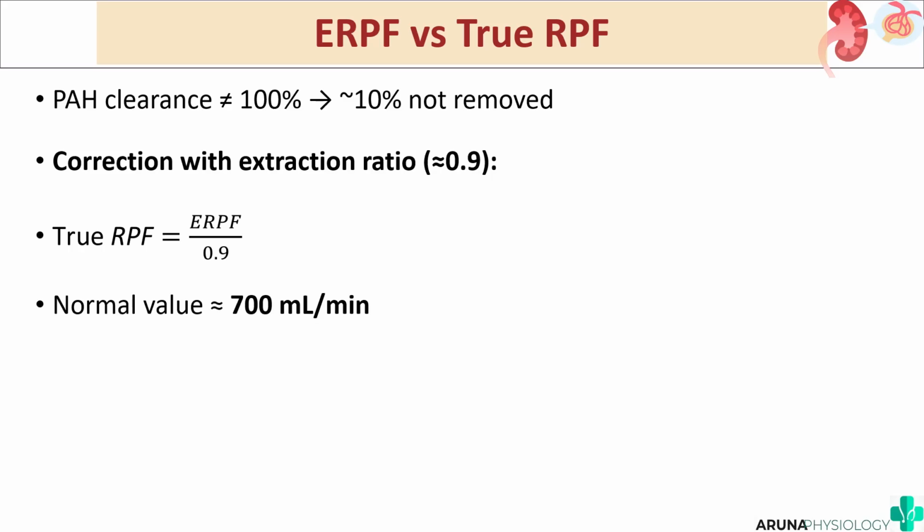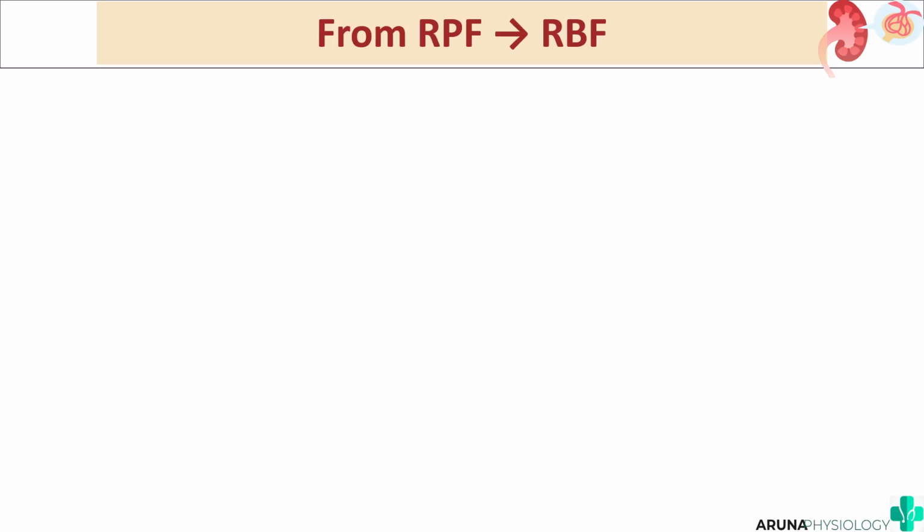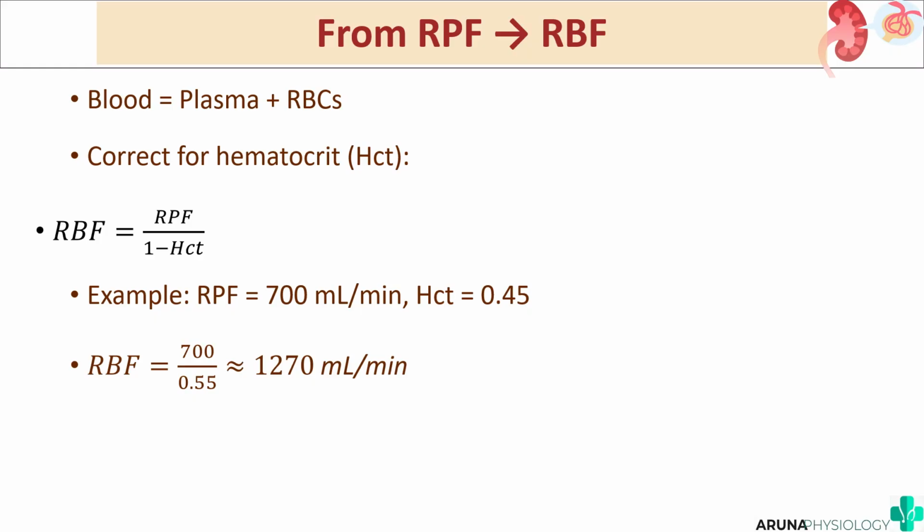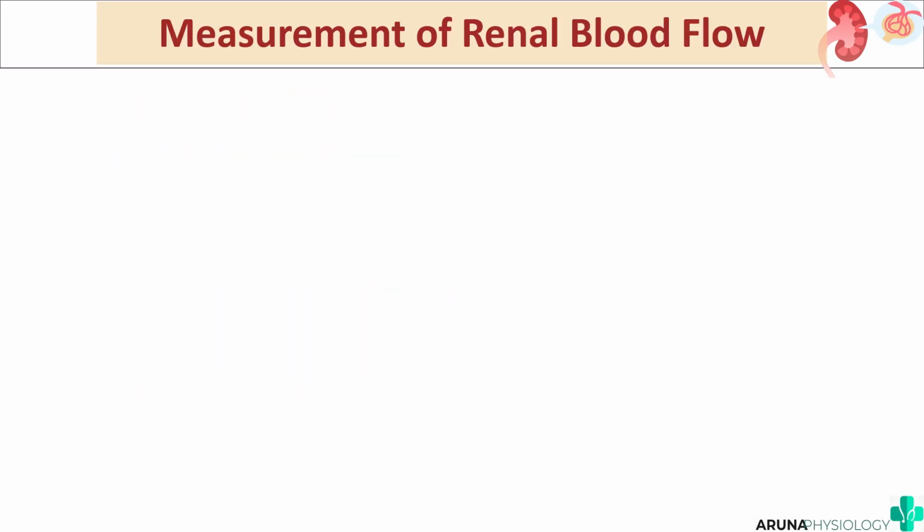The normal value is around 700 milliliters per minute, and the blood contains plasma and RBCs, so we have to correct it for hematocrit. So RBF is equal to RPF divided by 1 minus hematocrit. Suppose we get the RPF as 700 and the hematocrit is 0.45, then when you substitute you will get this value. So what are the formulas?